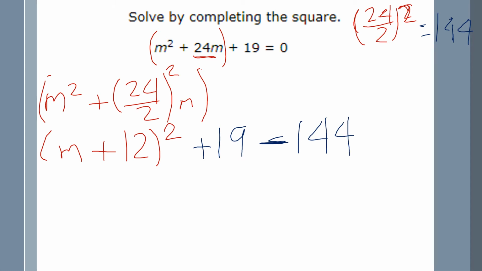All right, you're almost done. 19 minus 144. I don't know why I'm thinking plus. Minus 125.